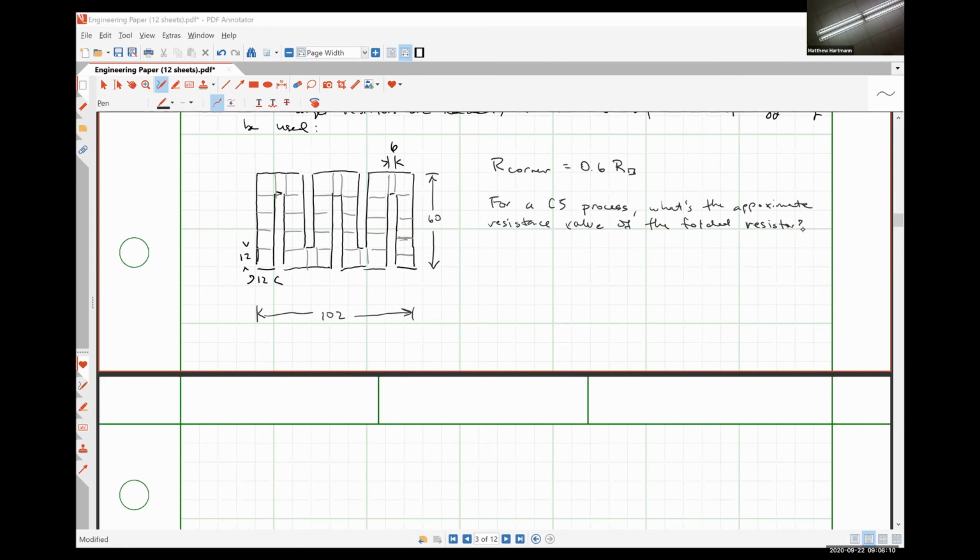Anybody have any idea? You sum up the corner resistance, and then the regular sheet resistance, and then the 0.6 resistance. All right, so I think I understand what Aiden's saying. So how many non-corner squares are we going to have?